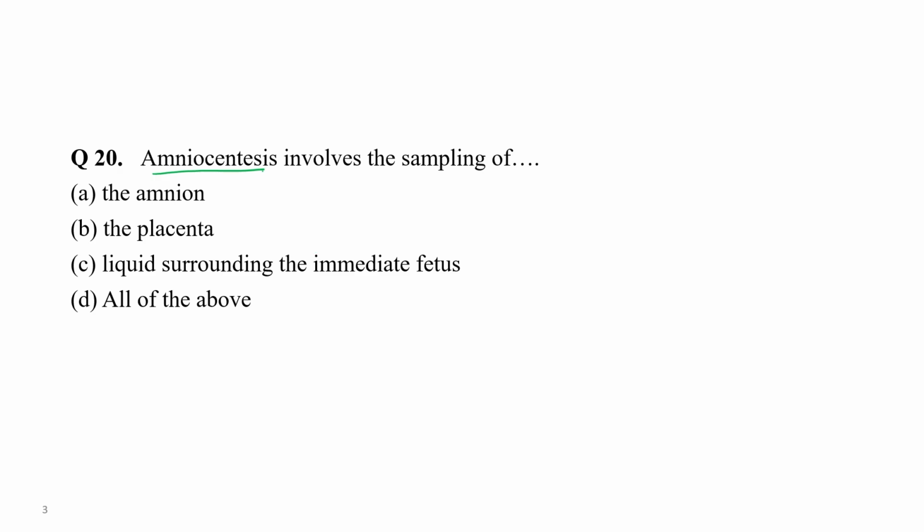That particular fluid is known as amniotic fluid. The collection of that amniotic fluid surrounding the fetus is known as amniocentesis. So choice number C would be the correct answer. Not placenta, not amnion. Okay.